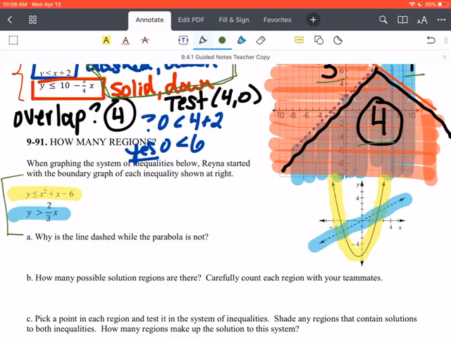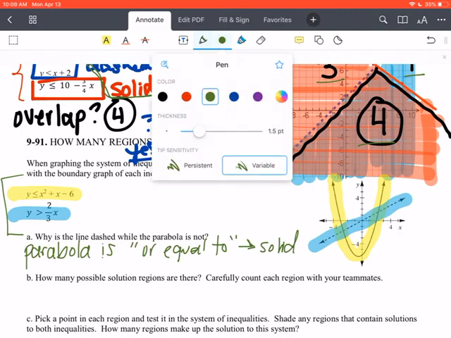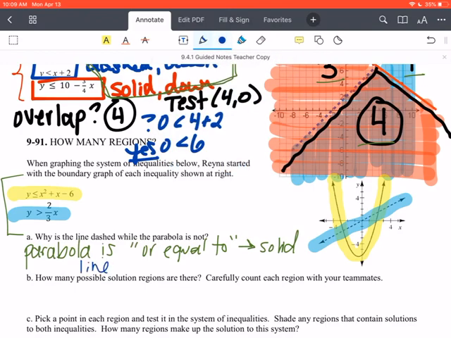Hopefully we're all experts at this point, seeing that the parabola is or equal to. And what does or equal to mean? That means that you are going to have a solid boundary. But then we see that the line is just simply greater than, but not or equal to.